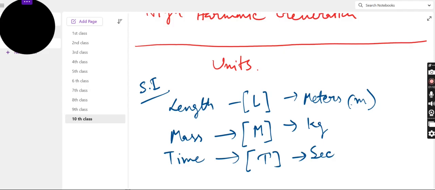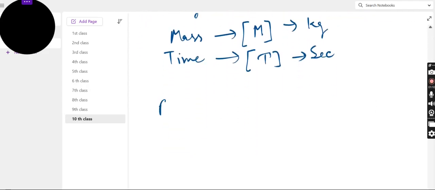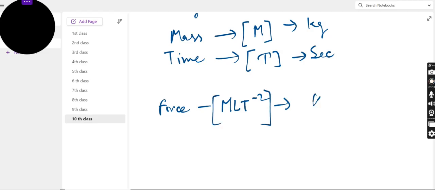And the force, which is m times a, has the dimension kg meter per second square, and that is called Newton.